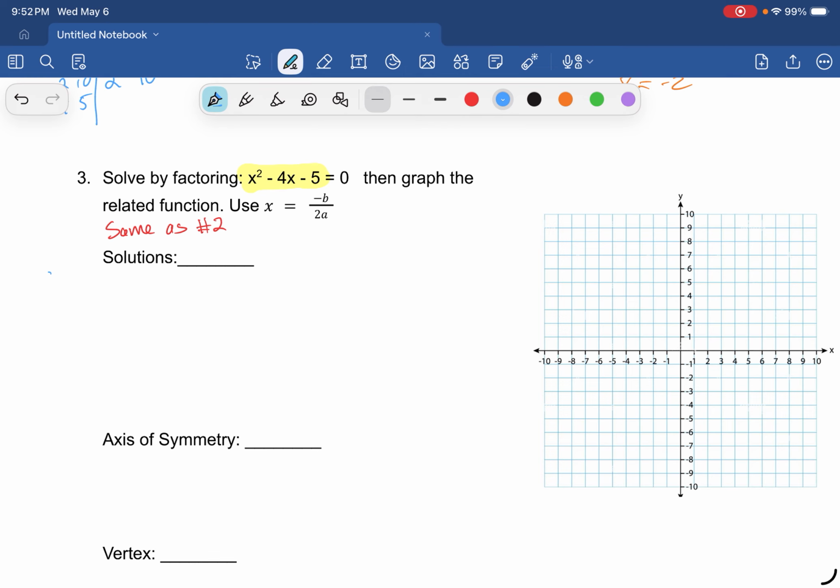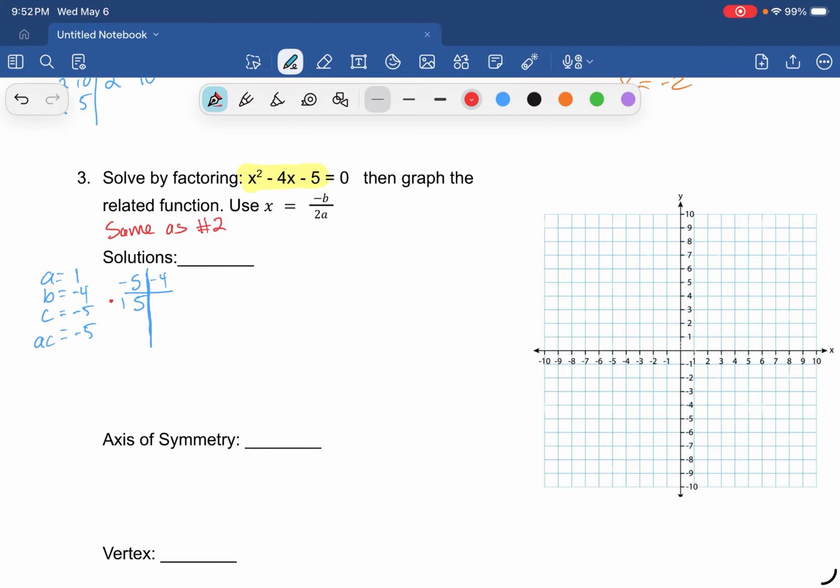So once again, I'm going to write down my A, B, C values, use that to find AC. I'm looking for two numbers that multiply together to give me -5 and add together to give me -4. My only factors of 5 are 1 and 5.